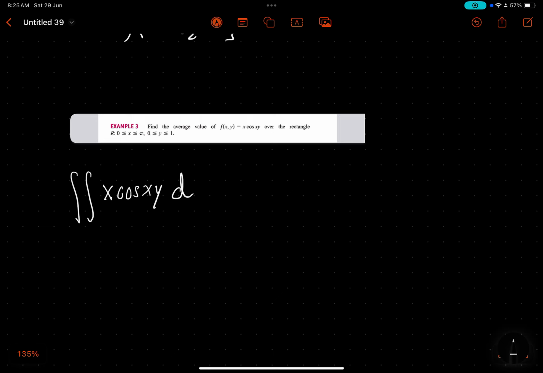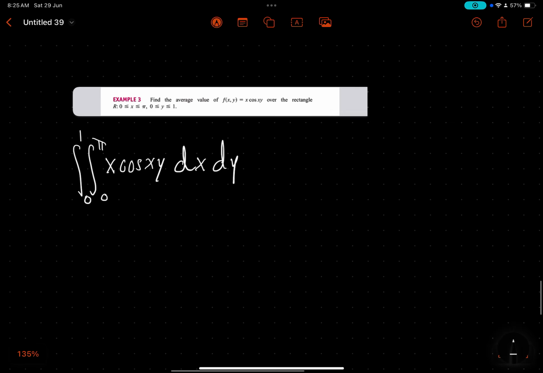Now let's do dx dy. So for dx it's just 0 to pi, and dy is just 0 to 1. And now we evaluate this. With respect to x it's just gonna be the integral of x cosine x.